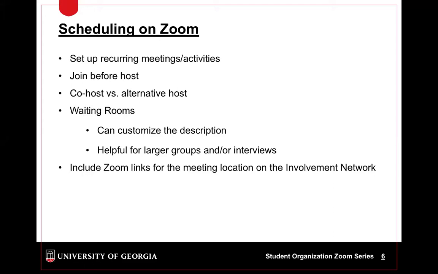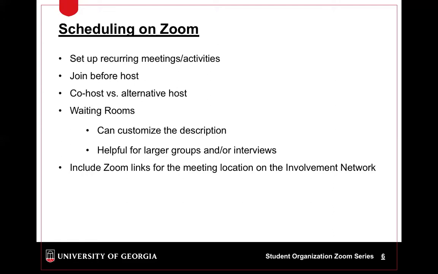There's also co-host versus alternative host. A co-host is someone that is given all the same permissions as you. So this is if you need help sharing your screen, or maybe you want help moderating the chat. Adding someone as a co-host gives them all of those same privileges and same access from Zoom.